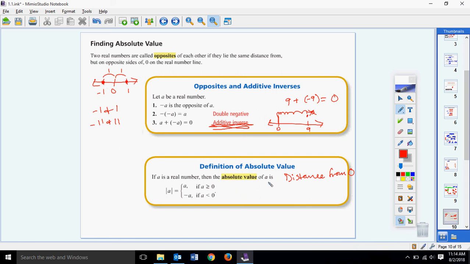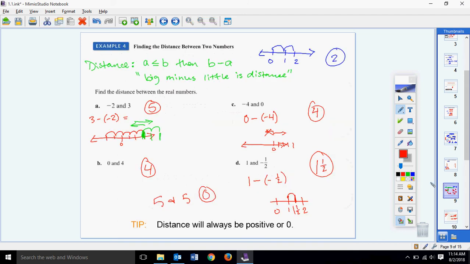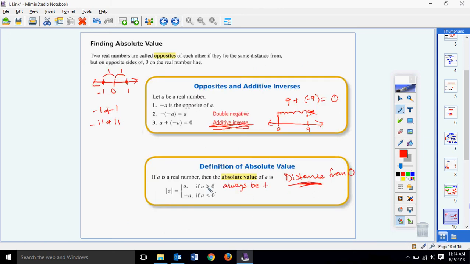Something important is absolute value will always be a positive number, because remember what we say about distance? Distance will always be positive or 0. And absolute value is the distance.